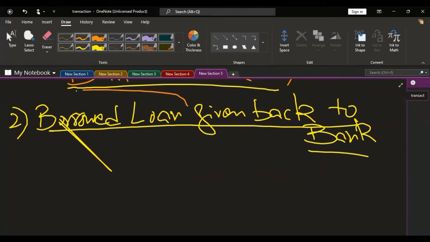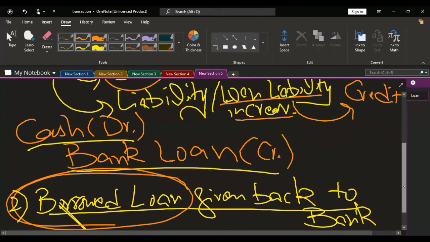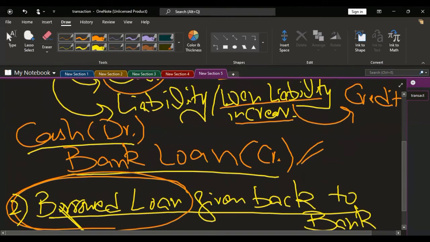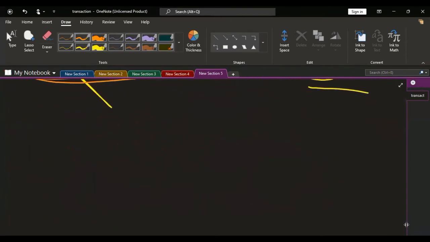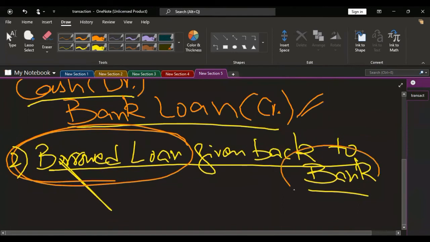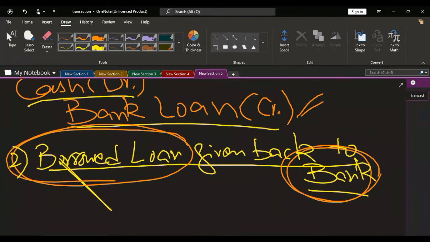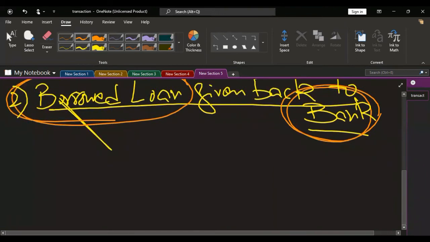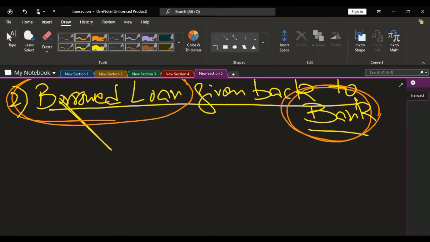First is the borrowed loan, whose liability has been generated in this entry, and the other item is the amount given back to the bank. So the cash available in the business drawer will decrease, or the bank balance will decrease if it is paid through a check.